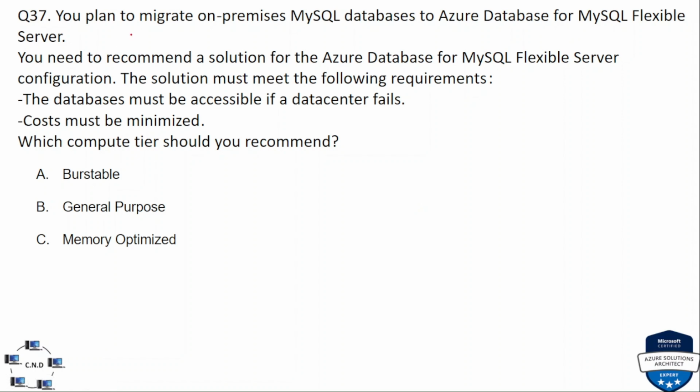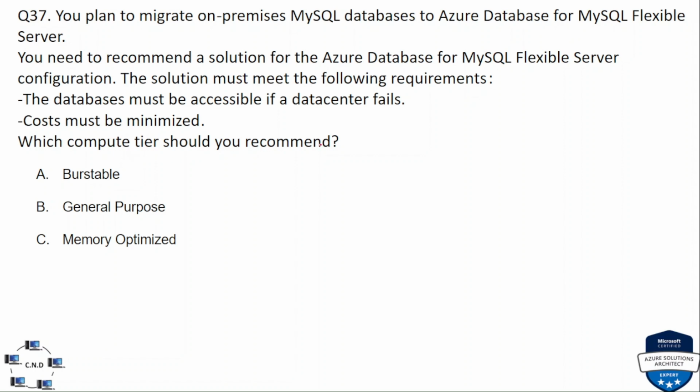Question number 37 is that you plan to migrate on-premises MySQL databases to Azure Database for MySQL flexible server. You need to recommend a solution for the Azure Database for MySQL flexible server configuration. The solution must meet the following requirements: A, the database must be accessible if a data center fails, and B, costs must be minimized.